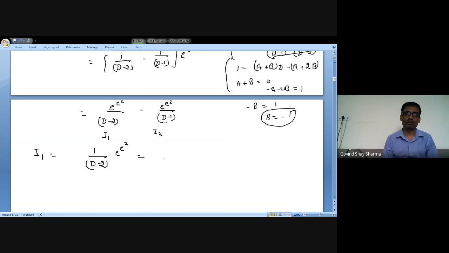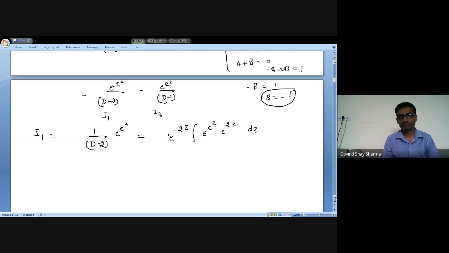We know the solution by the general method: e to power 2z, integration of e to power z over D minus 2.